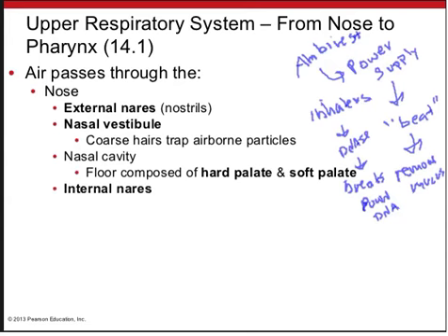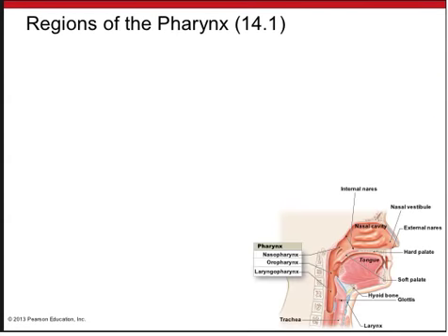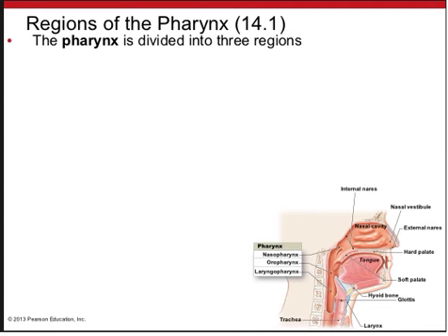And from there, it passes through the internal nares and into the nasopharynx, where it'll eventually enter the oropharynx, the laryngopharynx, and then it'll pass through the larynx on its way to the trachea, to the primary bronchi, and then to the secondary and tertiary bronchi, and all the way to the terminal bronchioles, which lead into the respiratory bronchioles, which lead into the alveolar ducts, from there into the alveolar sacs, and from there into the alveoli.